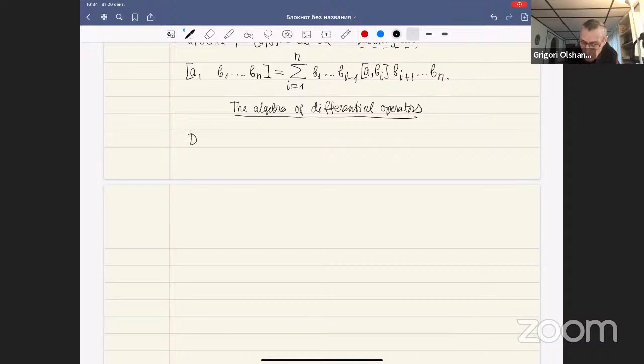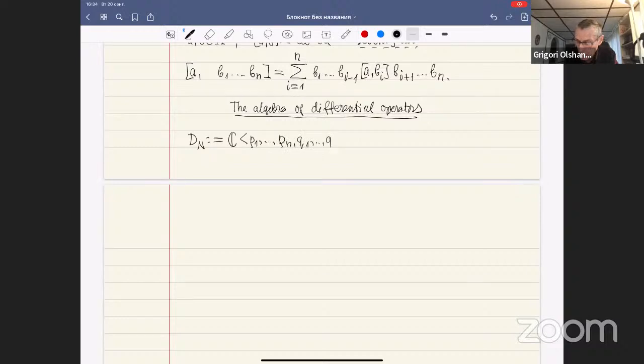I take the free algebra in 2n generators, which I define as follows.